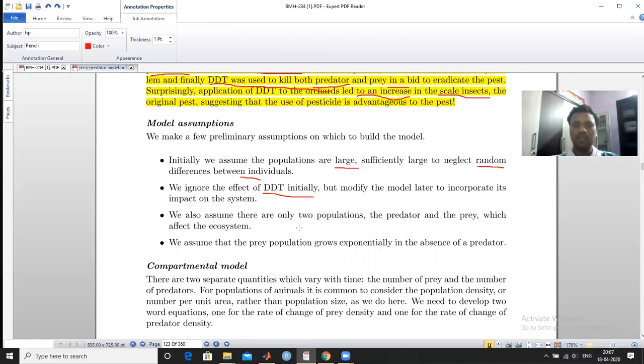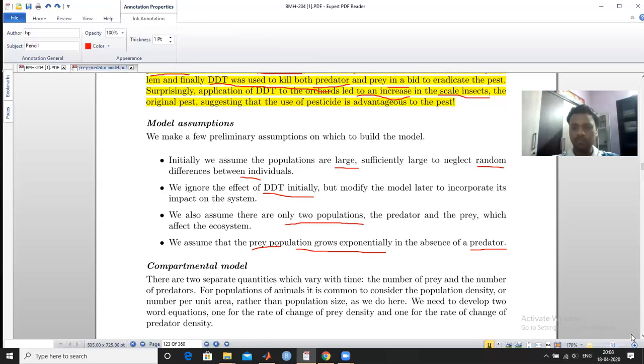Third, there are only two populations, the prey and the predator, which means we are neglecting the effect of other species. Fourth, the prey population grows exponentially in the absence of the predator. That means if there is no predator, the population of the prey increases exponentially. These four assumptions are used when we are developing our mathematical model.